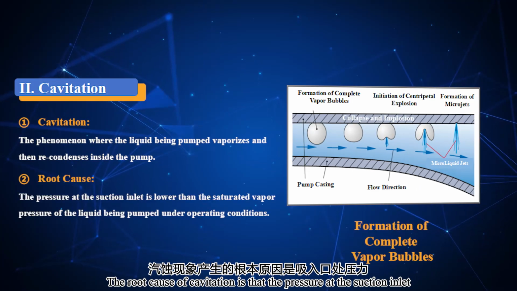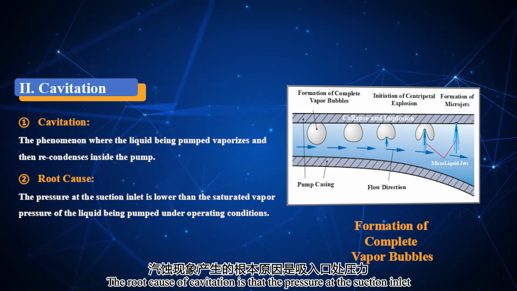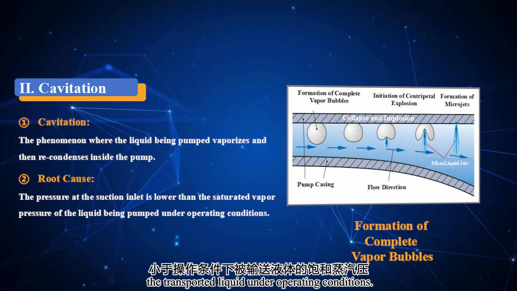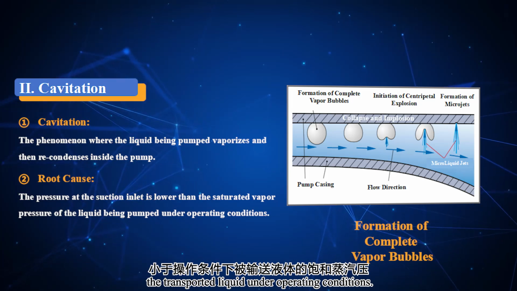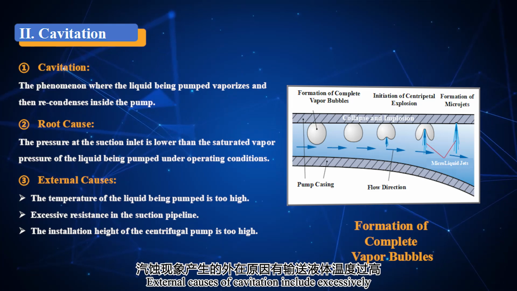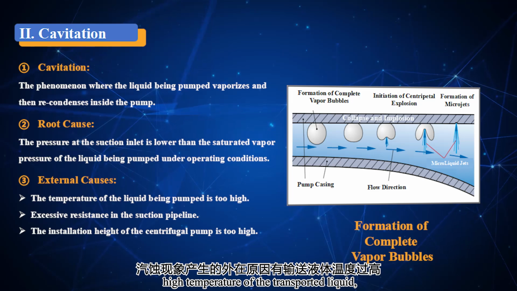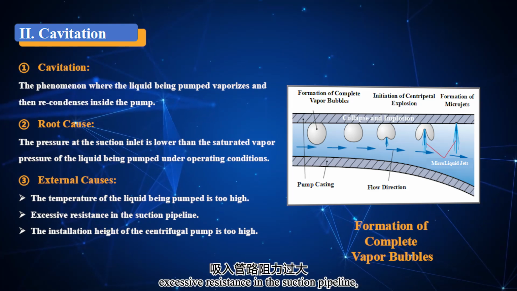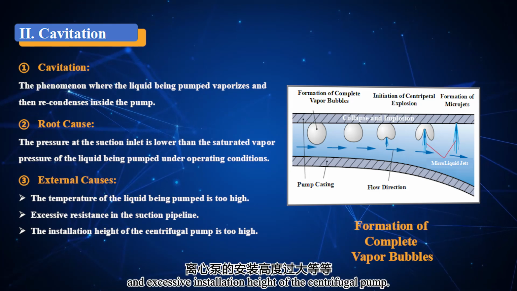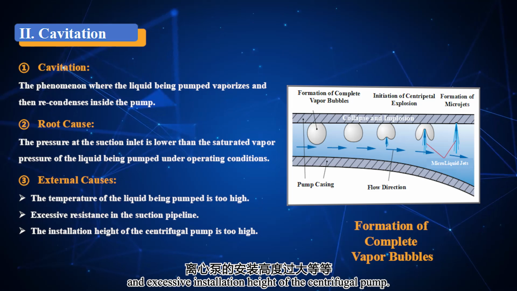The root cause of cavitation is that the pressure at the suction inlet is less than the saturated vapor pressure of the transported liquid. Under operating conditions, external causes of cavitation include excessively high temperature of the transported liquid, excessive resistance in the suction pipeline, and excessive installation height of the centrifugal pump.